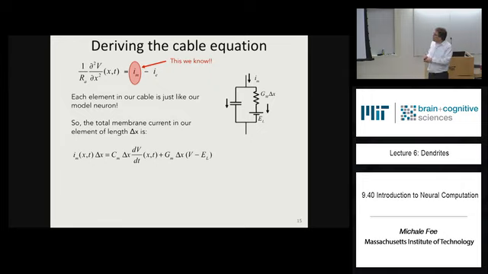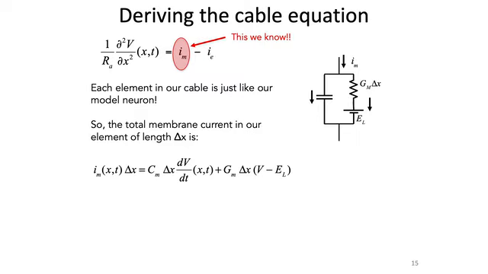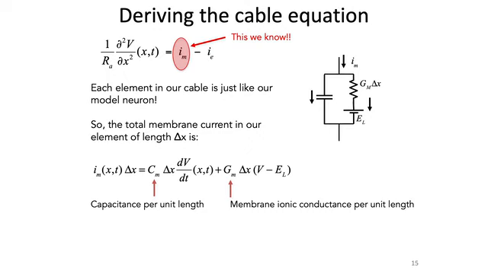It's capacitance per unit length times the length of the element plus, and the conductance is conductance per unit length times the length of our finite element. Okay. Capacitance per unit length and ionic conductance per unit length.